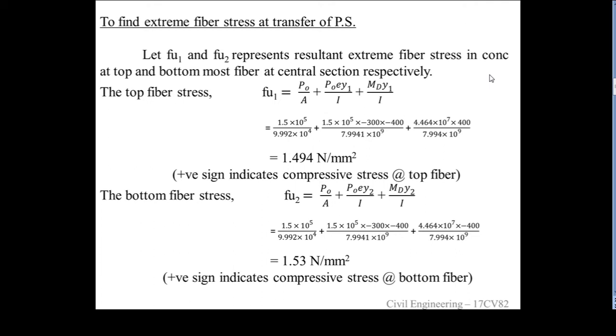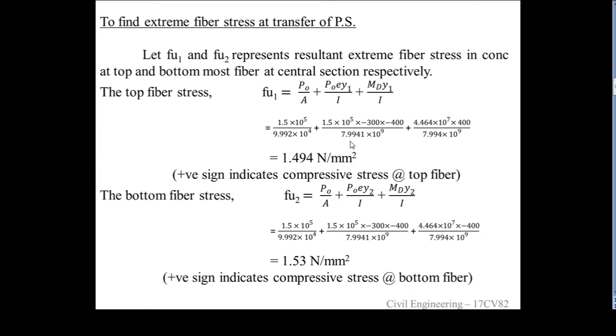Here Fu1 is calculated by substituting P naught equal to 1.5 into 10 raised to 5, A equal to 9.92 into 10 raised to 4, E equal to minus 300, and Y1 equal to 400. Here Y1 is plus, why? Because at the top fiber this is plus, not minus.